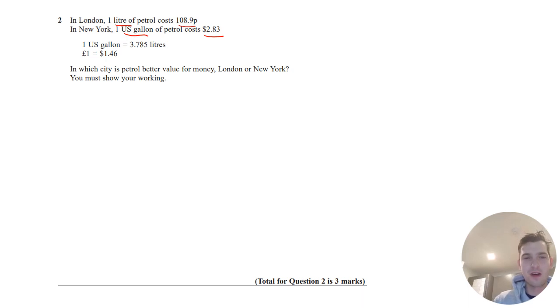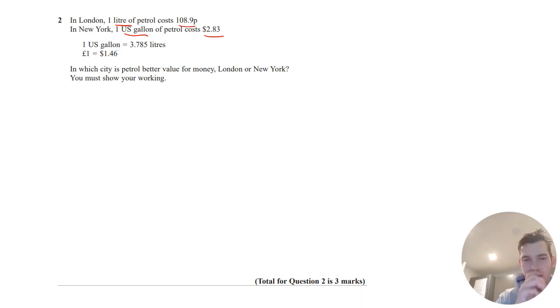Okay, so we know that with these types of conversion questions, I need to convert both of these into the same amount, so litres or gallons, and the same currency, so pounds or dollars. And there's a number of ways you could do it. So you could convert everything into litres and p, in gallons and dollars, or any combination.